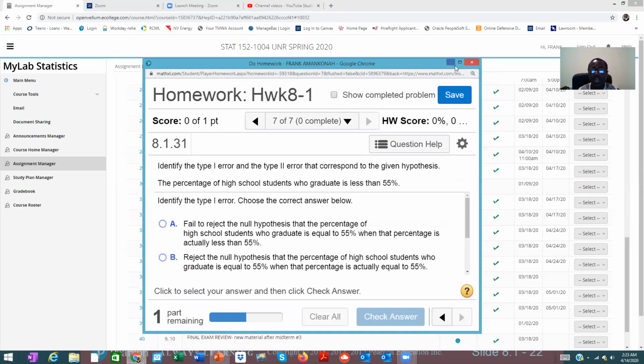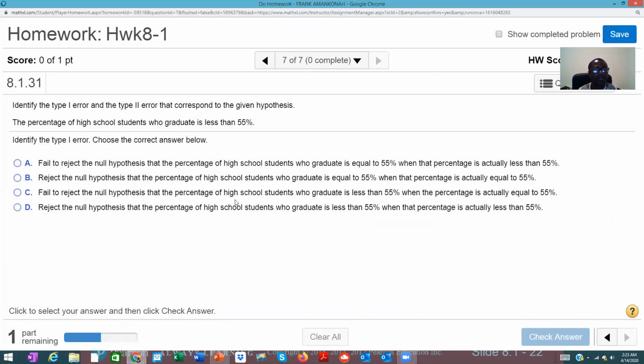So here is question 7. It says to identify the type 1 and type 2 error that correspond to this. Type 1 is that your null hypothesis is true, but we reject it. Type 2 is that the null hypothesis is false, but we fail to reject it.